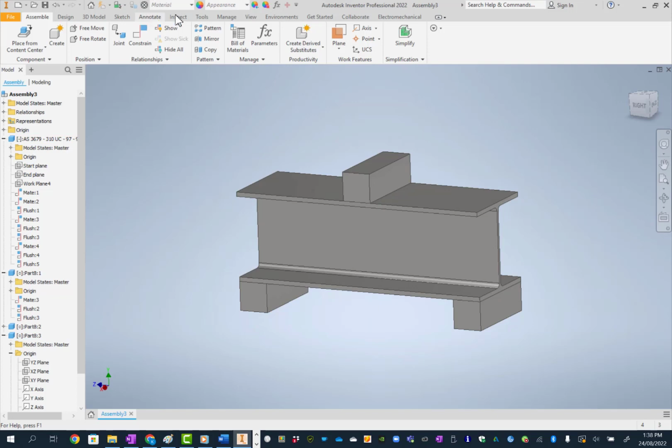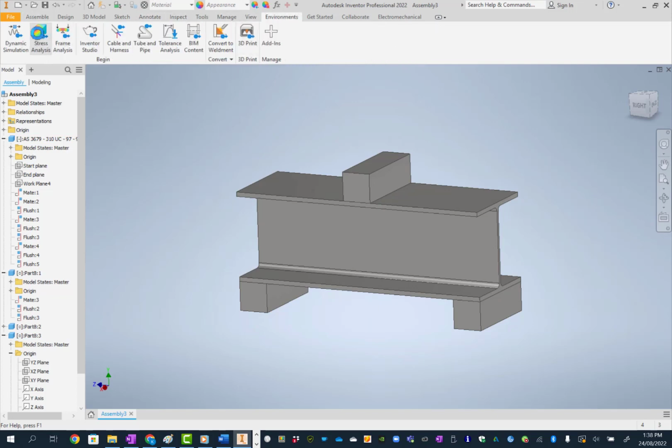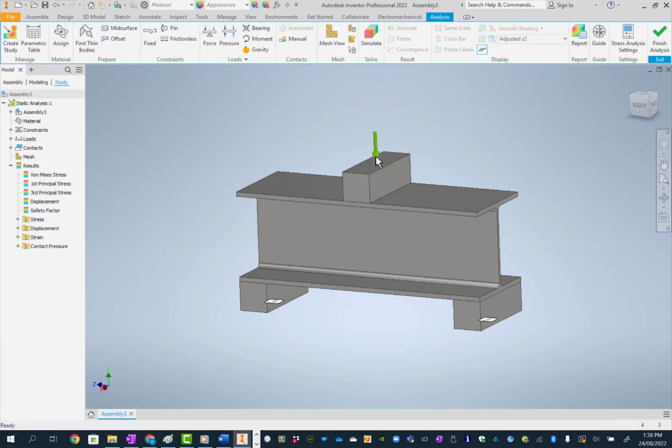What I've done in here is an analysis. I've stuck a load on top, and this program will figure out what would happen to that beam under that loading. I think this was 200,000 newtons, so 200 kilonewtons, 20 tons is what I'm applying onto there.